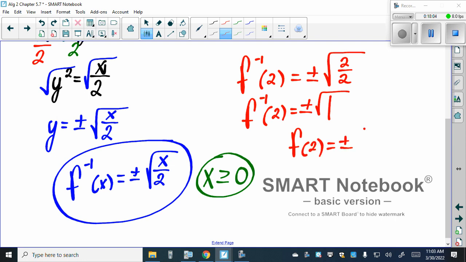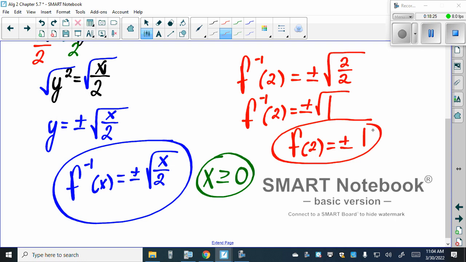And the square root of 1 is 1. So here we have answers, because it could be positive or negative 1. Either one of these inputs works for this here. And this here would be our answer.